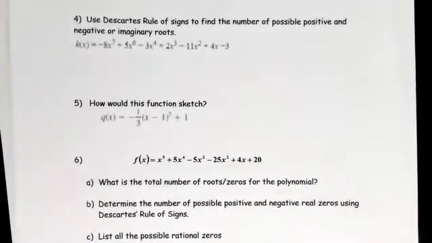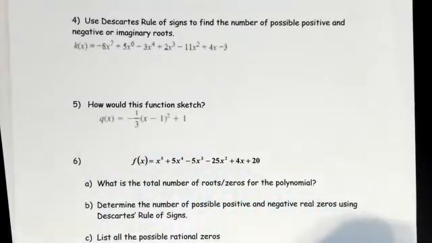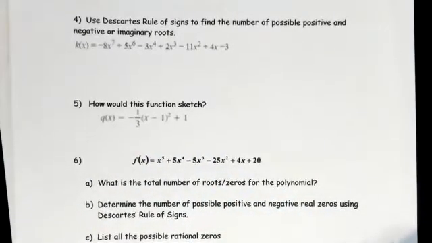All right. So here's number 4, which is using Descartes' rule of signs. It's something we left off on when it comes to finding our roots and figuring out how many possible roots we can have.